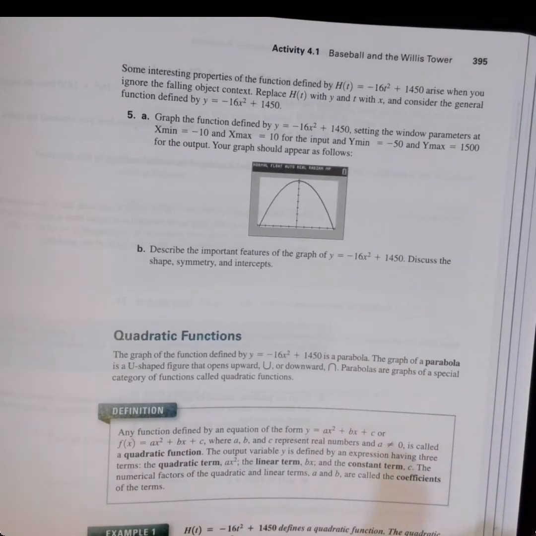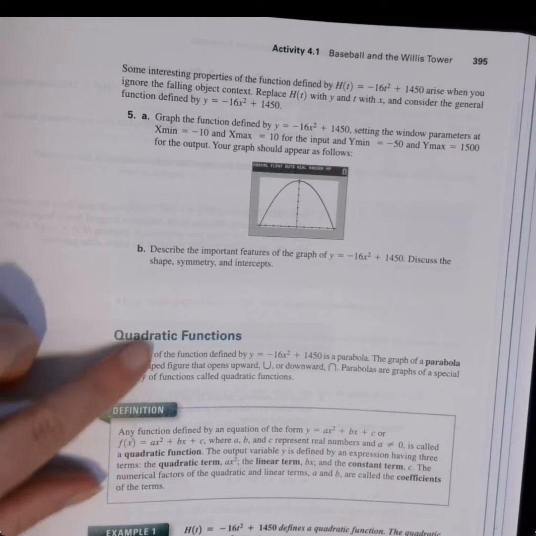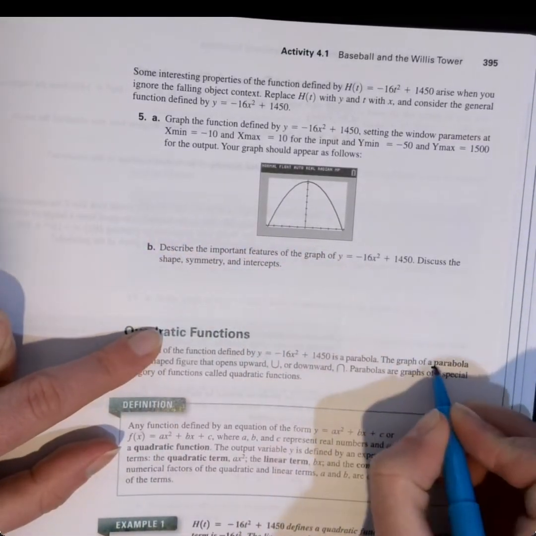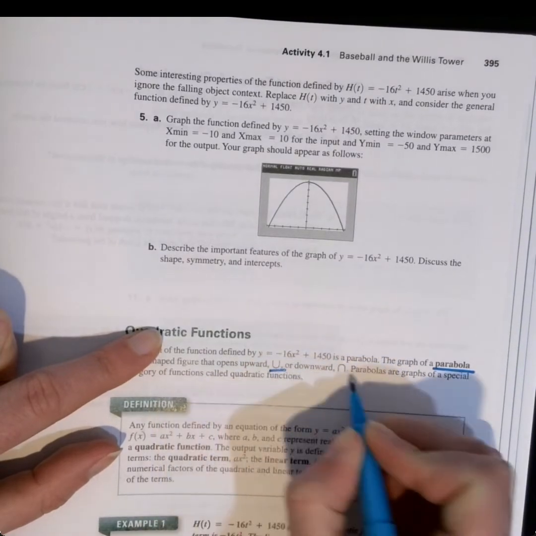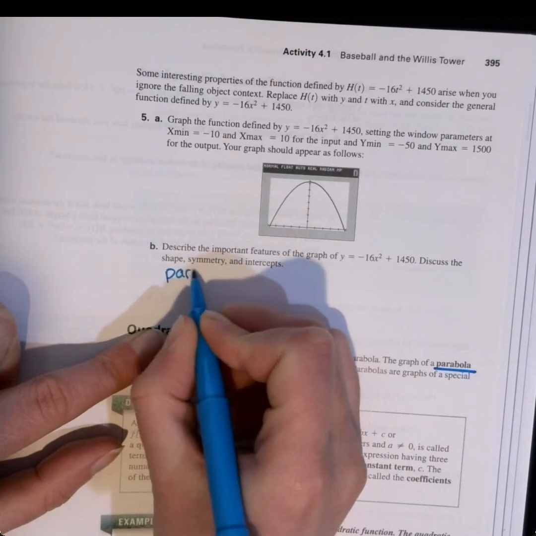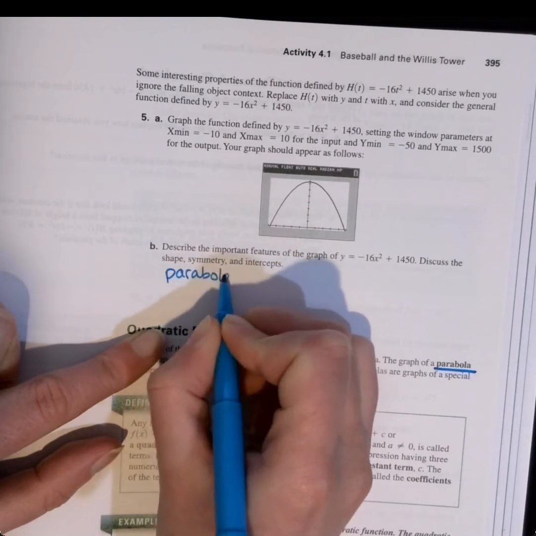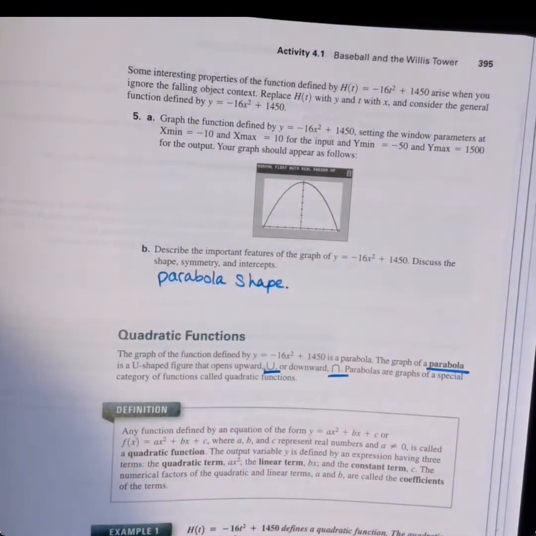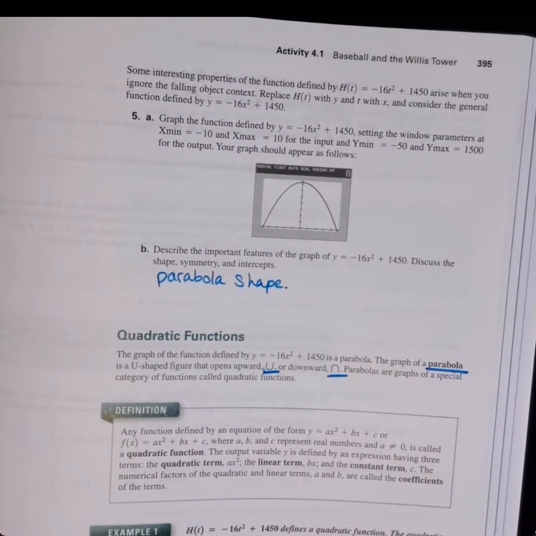All right, so describe the important features of this graph, discuss the shape, the symmetry, and the intercepts. Okay, so it has an upside down U shape, or the name of the shape is the parabola. The parabola can either be a U that faces up or a U that faces down. So the shape is a parabola. It is symmetric around the y-axis.